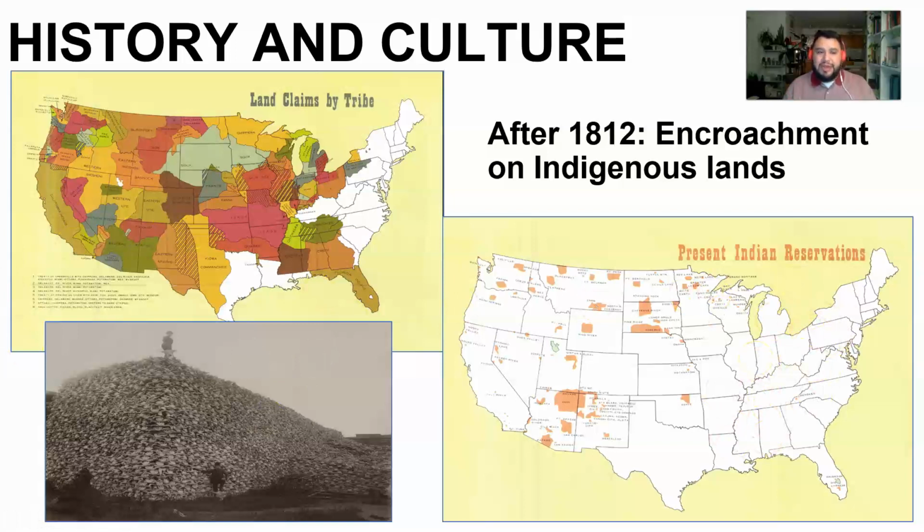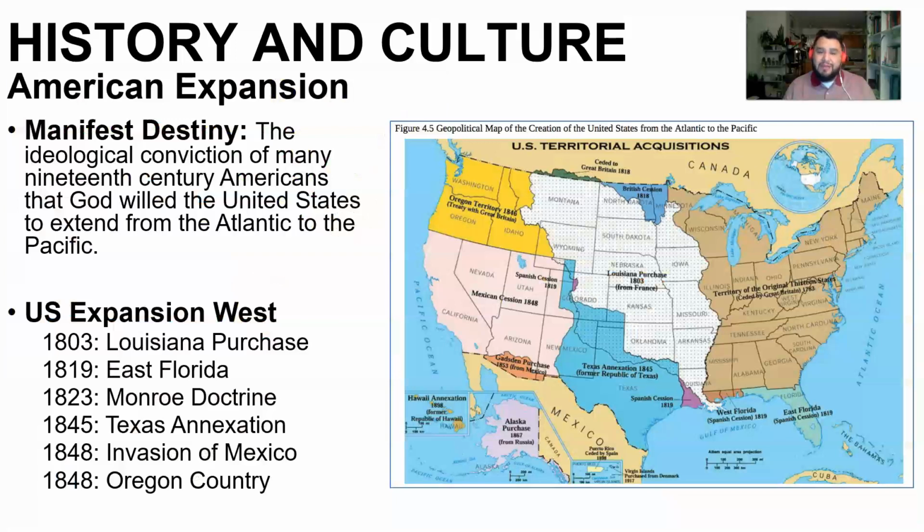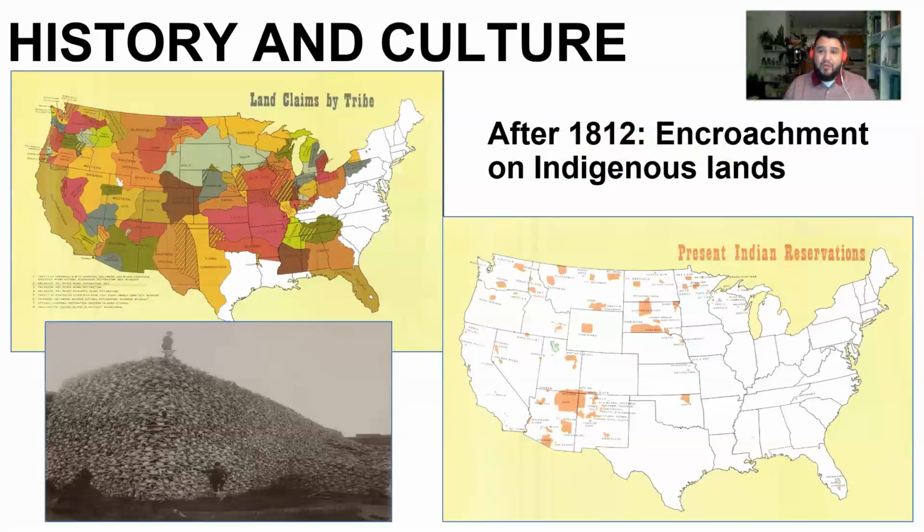Throughout the 19th century, the United States is going to be driven by what we know as manifest destiny, which is the ideological conviction of many people that God willed the United States to expand from the Atlantic to the Pacific, and that the process of colonization was in part a civilizing mission to introduce Christianity, but also to produce in the land, a land that was given to Americans to a certain extent by God, right? So these are some of the religious justifications that are used.